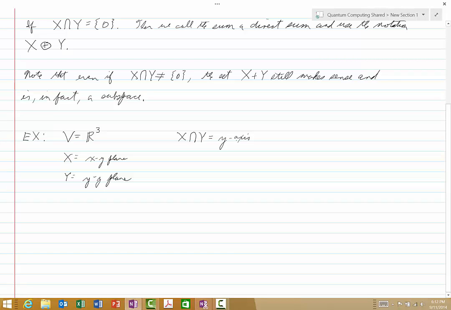Notice it does include the zero vector because, of course, the zero vector lies on the y-axis, but the intersection is more than just the zero vector. So we don't call the set of all vectors that can be written as the sum of a vector in X and a vector in Y the direct sum. We merely call it the sum.